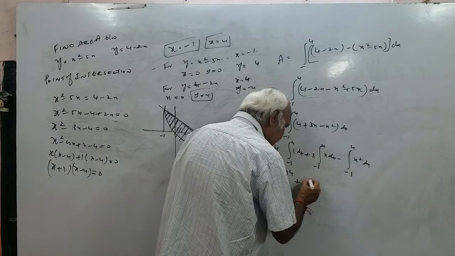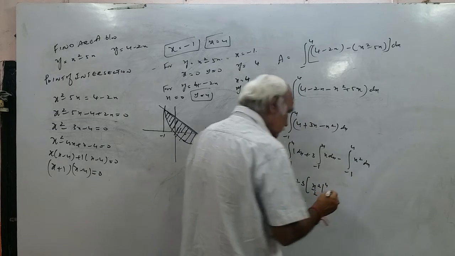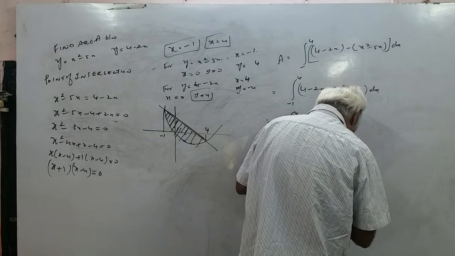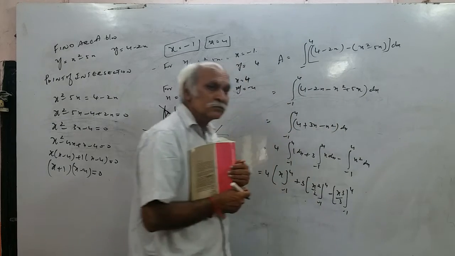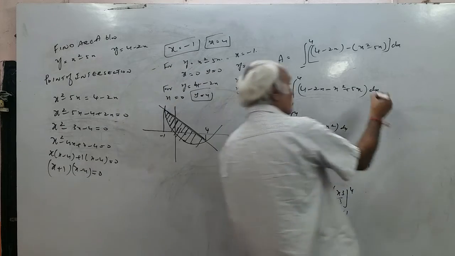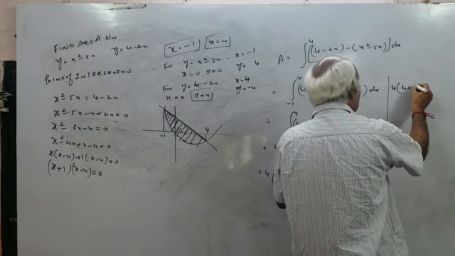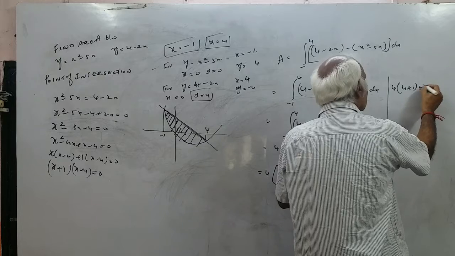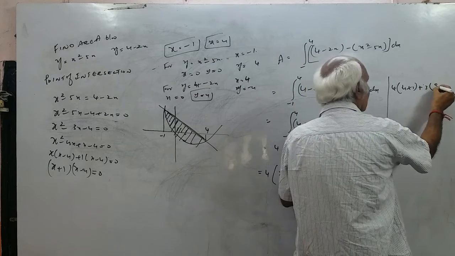So 4 into integration of 1 is x, 4x plus 3x square by 2 minus x cube by 3, minus 1 to 4. So upper limit: 4 into 4, plus 3 into 4 square is 16, 16 by 2 is 8.